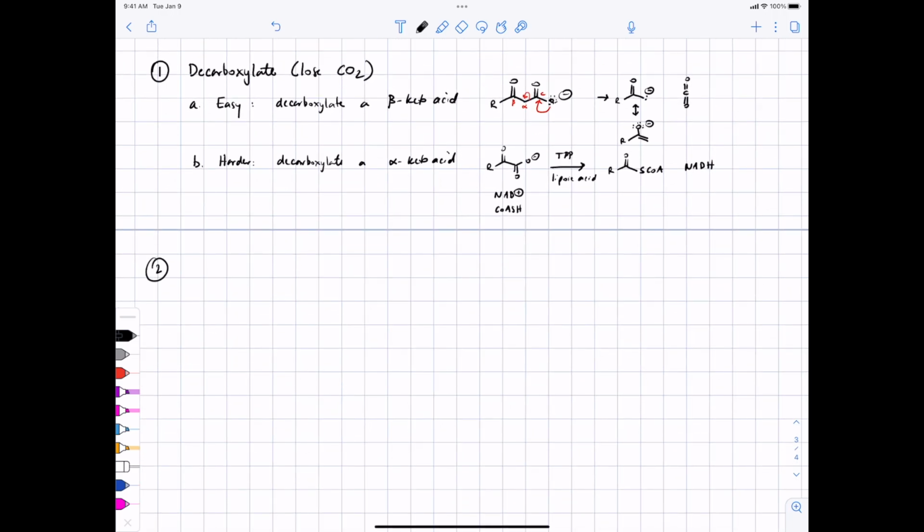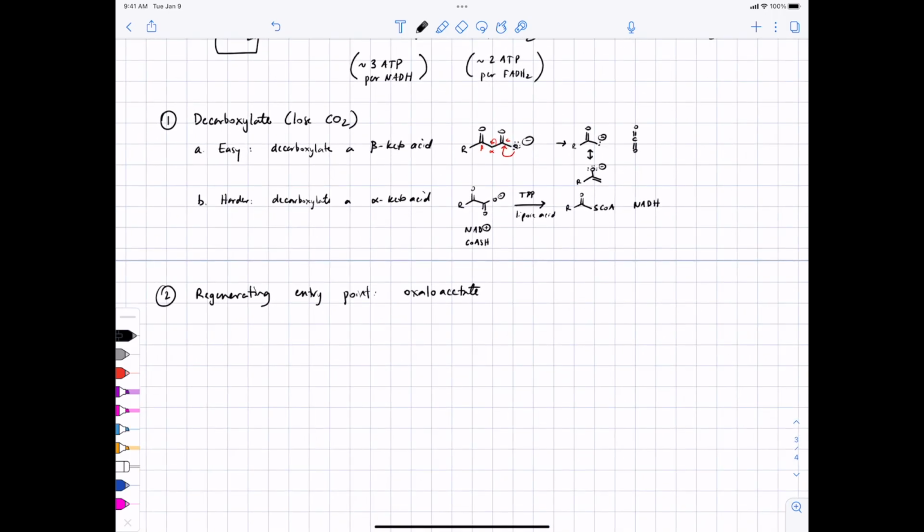Everything after that point will be regenerating the starting point, which is a molecule called oxaloacetate. Okay? So much of what we talk about, don't get lost in the details because our goal is arranging functional groups so we can do these 2 things, and then once we've done that, everything else is about getting back to our starting point. All right.